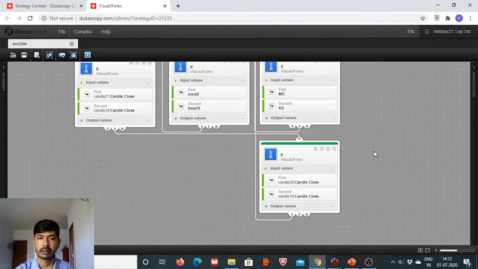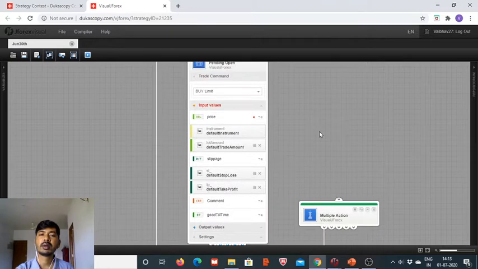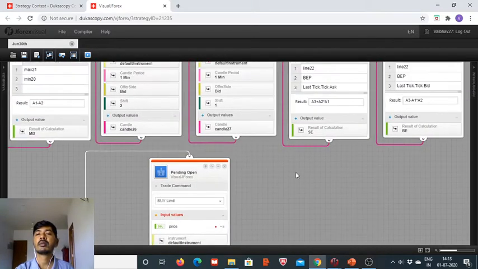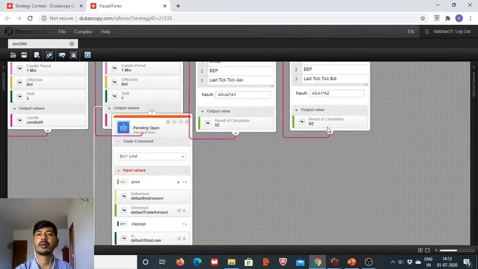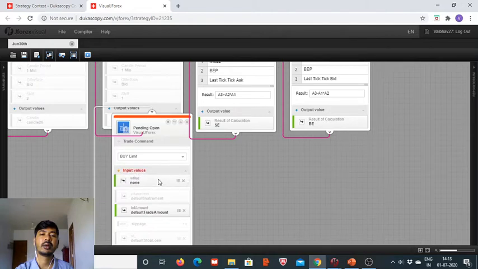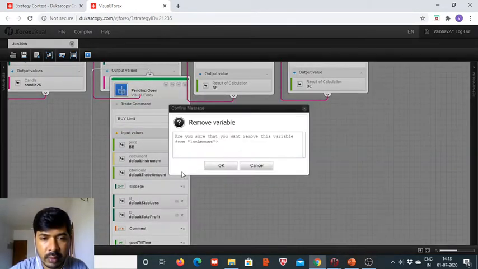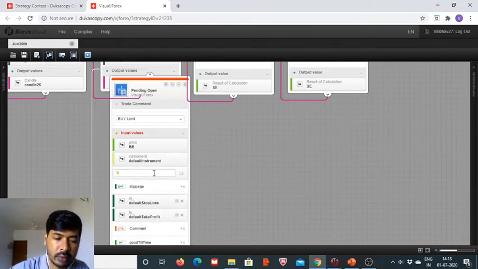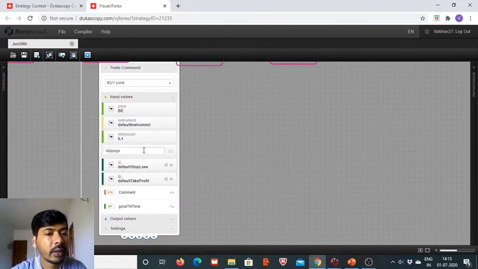And now we have to define the parameters for the buy order. Trade amount can be anything depending on the equity in your account. 0.1 is what I stick with, and slippage 2 pips.